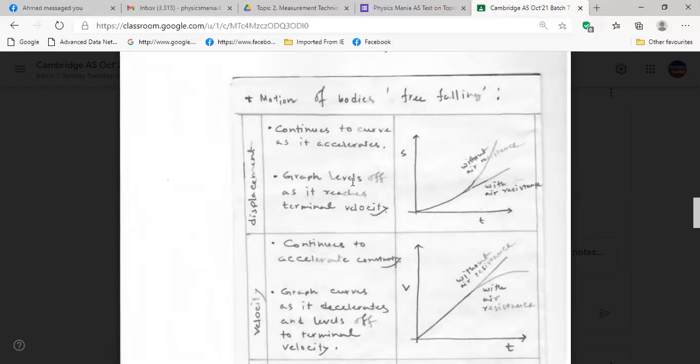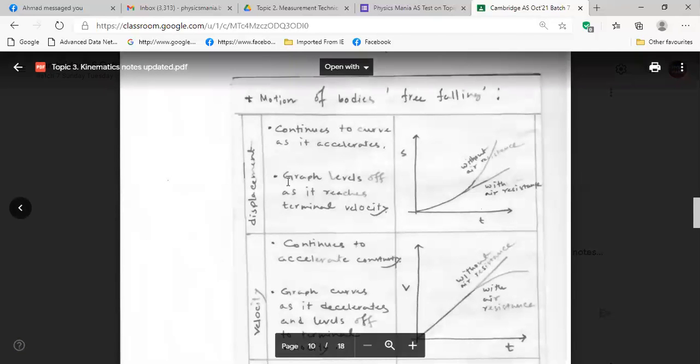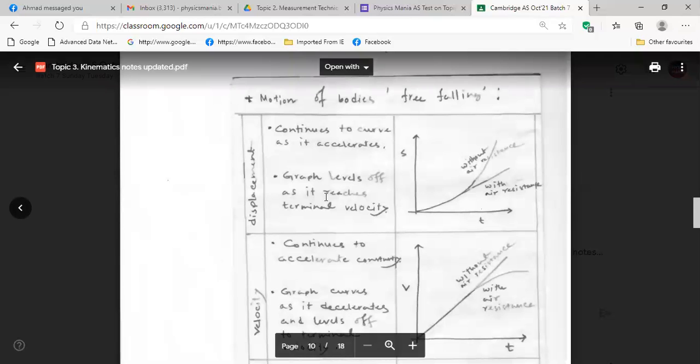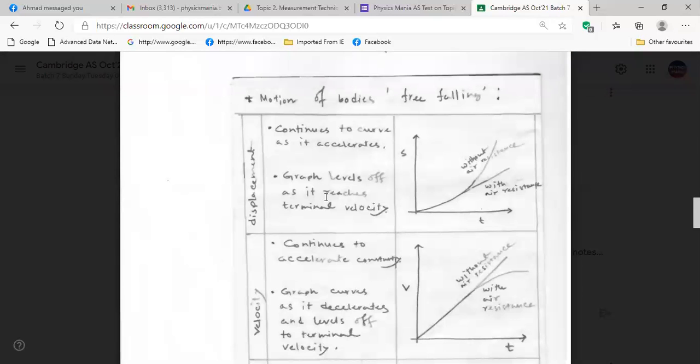Graph levels off as it reaches terminal velocity. So the upper one's description is this one, and the lower one's description is this one. So please write it. Draw it nicely the way it's given here. Label everything and write these 2 points.